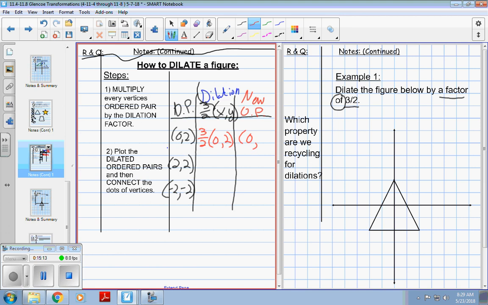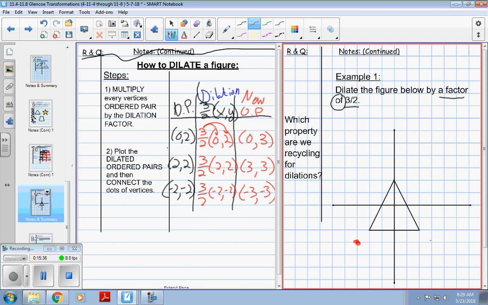And that would be 0, 3 for this first one, because we're just doing fraction multiplication. 2 times 3/2 is 3. When we do the 3/2 here, we're going to end up with 3, 3. And when we do the 3/2 on this ordered pair, well, we got negative, so we actually end up with -3, -3. And we're just going to graph those 3 points here.